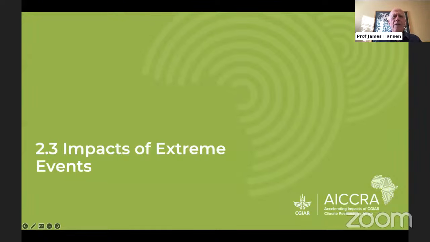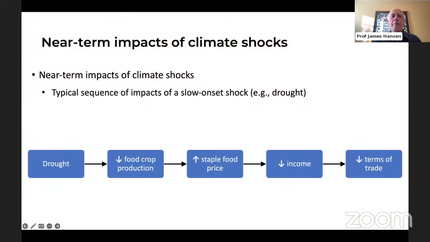So now let's look at the pathways from climate variability to well-being of a rural household or a rural community. So in the case of extreme events, it matters whether an extreme event, whether a climate shock is a slow onset shock or a rapid onset shock.